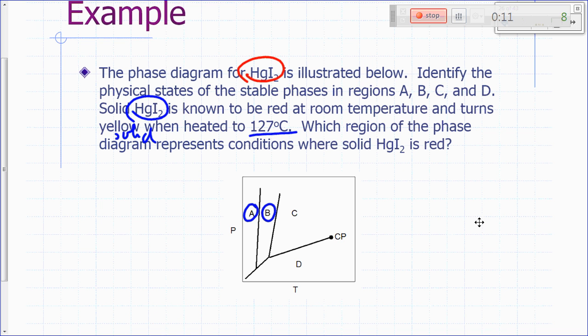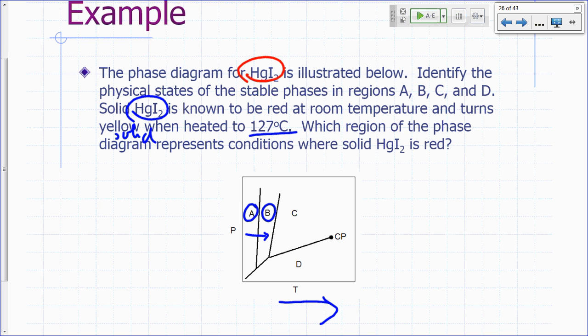What's room temperature? 25 degrees Celsius. And so you heat it to 127. If you have to heat something, what happens to the temperature? Increase, right? So you have to go to the right.